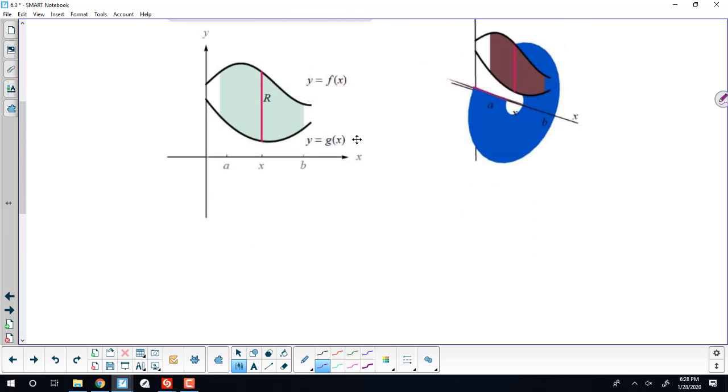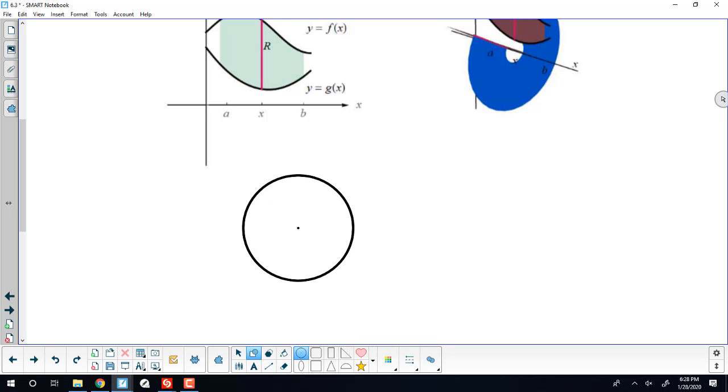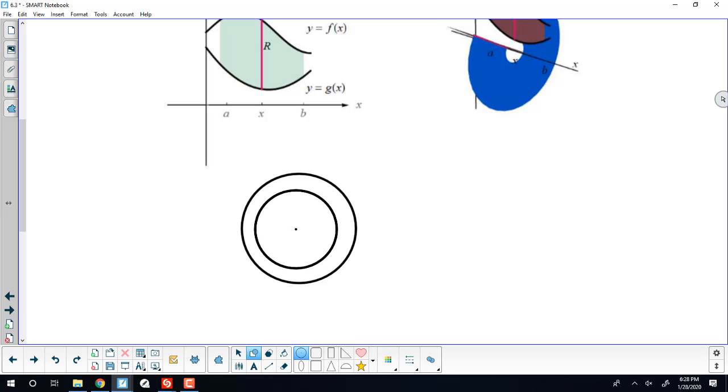So the area of that, and I think one of the biggest points of confusion is the way people tend to set these up. We'll exaggerate our washer there, our center, say somewhere in here. We're finding the area of this thing.